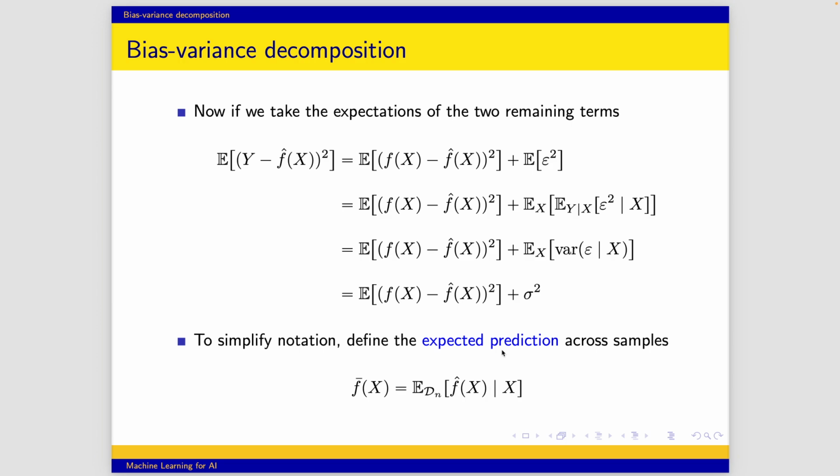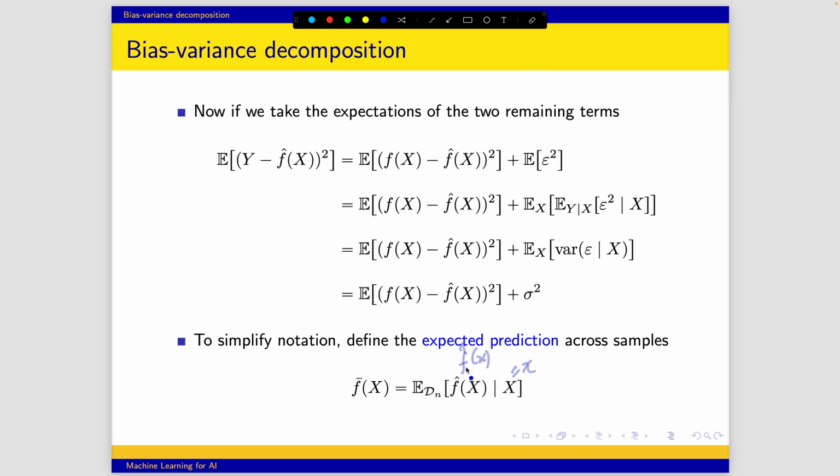So this is the expected value of the prediction across all training samples. So given some value of x, equals x, what is the expected value of f hat of x?